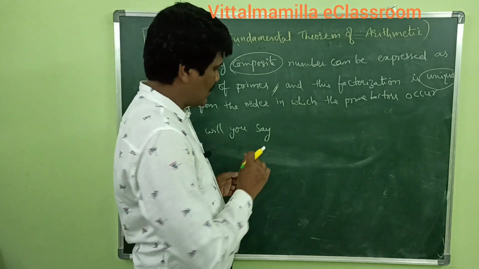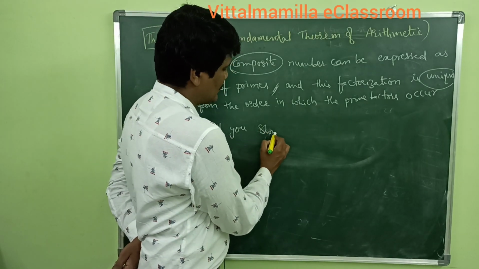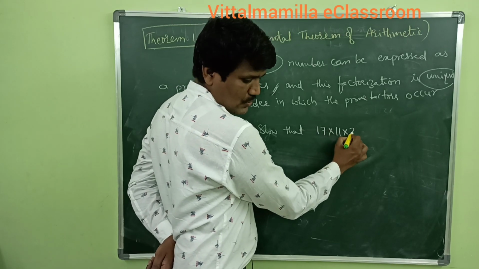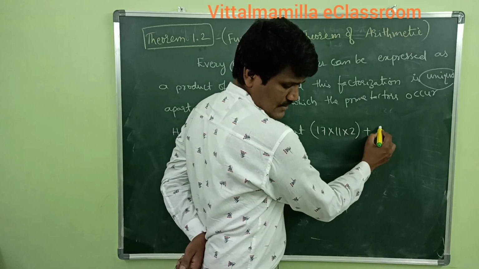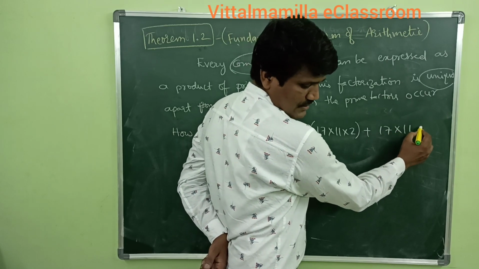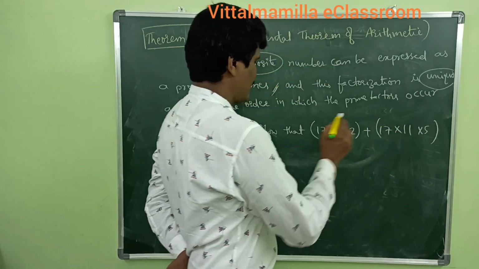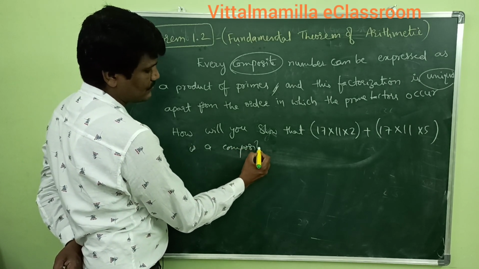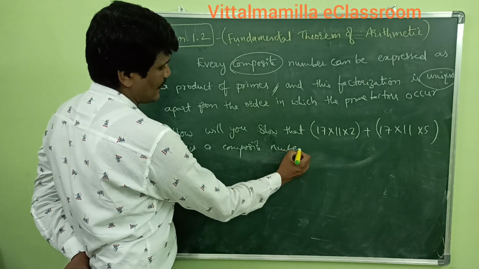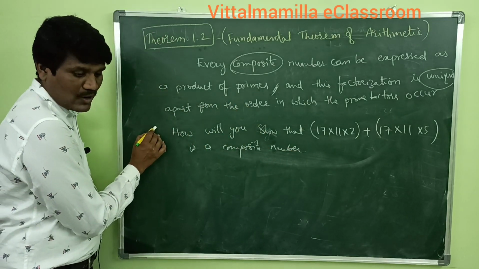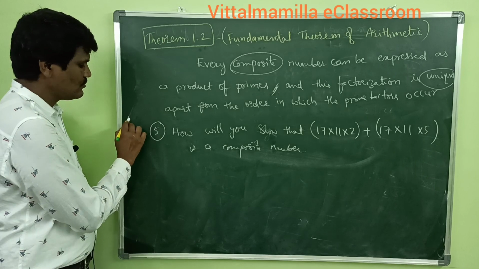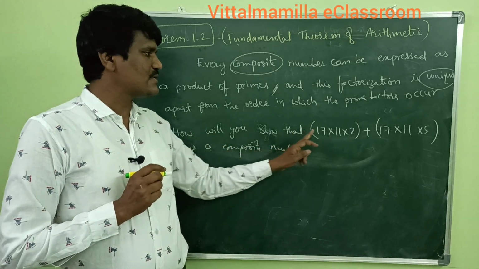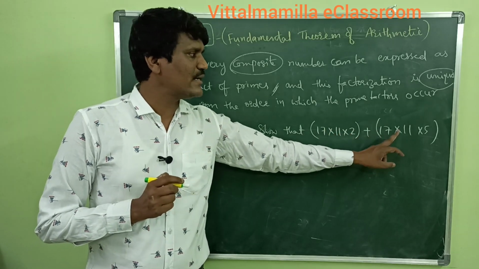How will you show that 17 into 11 into 2 plus 17 into 11 into 5 is a composite number?